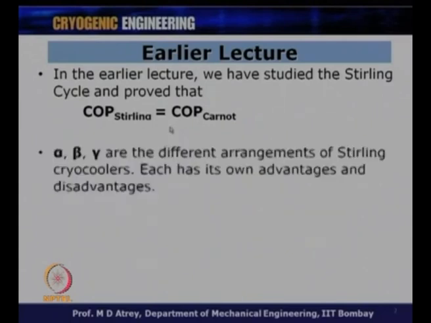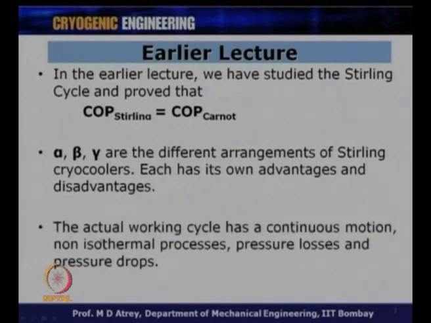same temperature limits. We also found that alpha, beta, gamma are the different arrangements of Stirling cryocoolers, and each of them has its own advantages and disadvantages. This classification into alpha, beta and gamma was based upon the arrangement of the drive of the piston and a displacer, or a piston and a piston arrangement, used for a Stirling cryocooler.